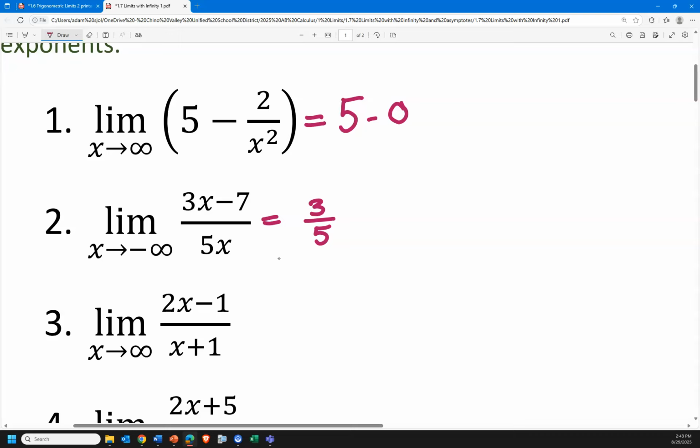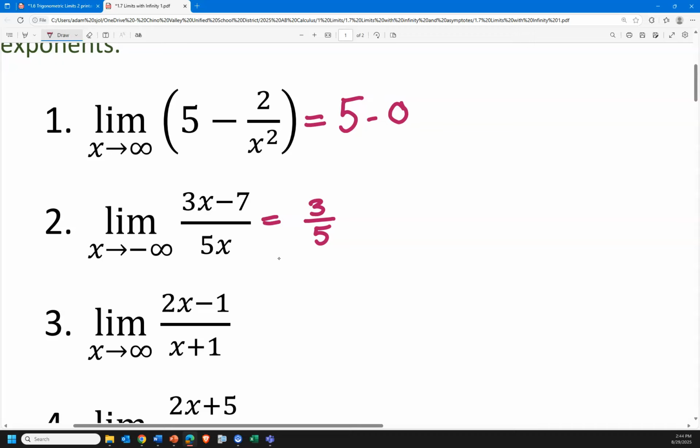When we use negative a billion, 3 times negative a billion minus 7, that 7 is less effective. So that's really close to negative 3 billion, and that 7 does less percentage subtracting than when we subtracted 7 from negative 3 million. Anyways, about negative 3 billion over negative 5 billion is even closer to positive 3/5.